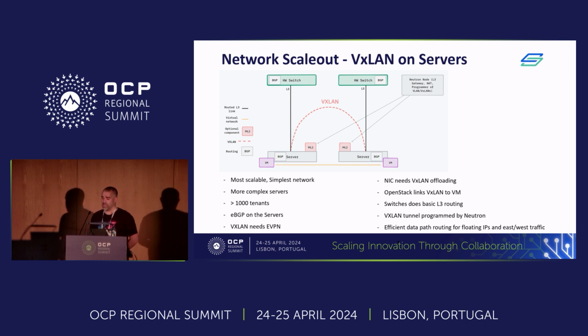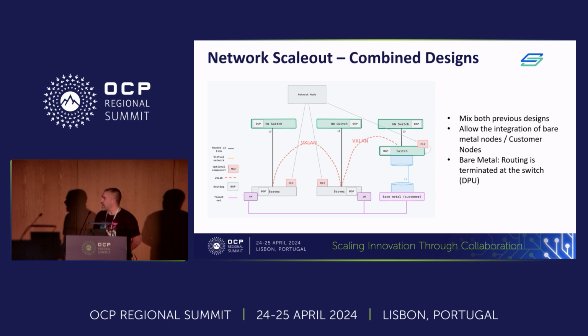Our target design is to combine these two architectures to provide the possibility to do the termination of the network traffic over FRR on the server side, and also provide the possibility to add bare metal servers to a setup.